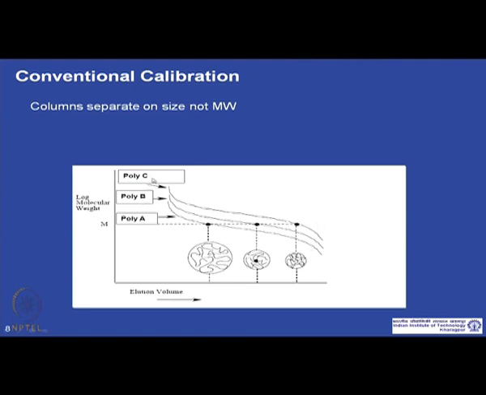If you have three different polymers, as I was explaining, for a given molecular weight their sizes could be different depending upon the value of K and A or the intrinsic viscosity, and they form different calibration curves. So, if we use a calibration curve which is constructed for polymer A and use the same calibration curve for polymer B, then the error will be erratic. That is what we have been explaining till now.